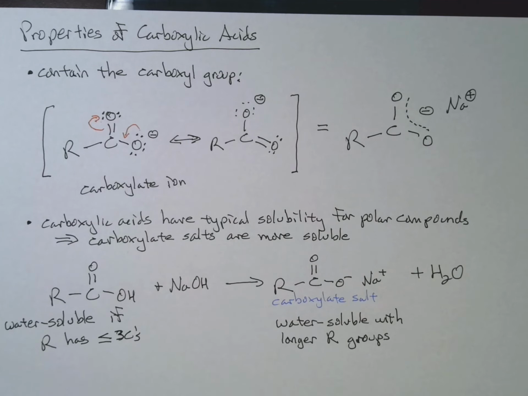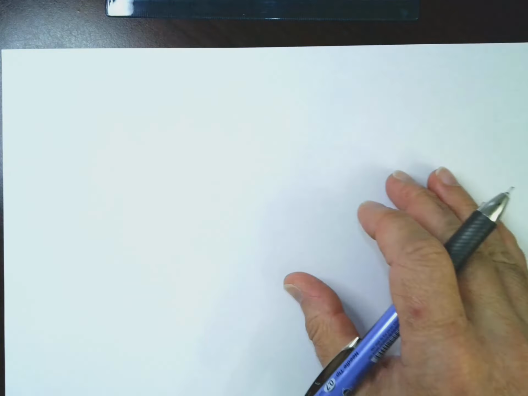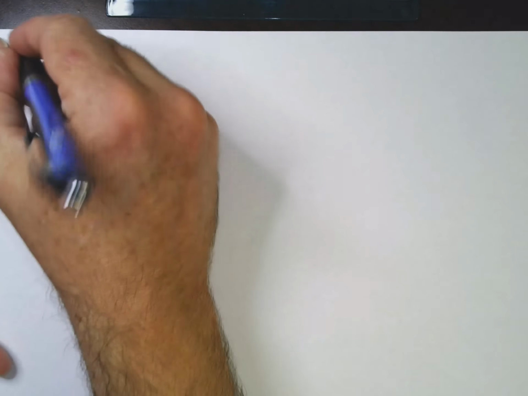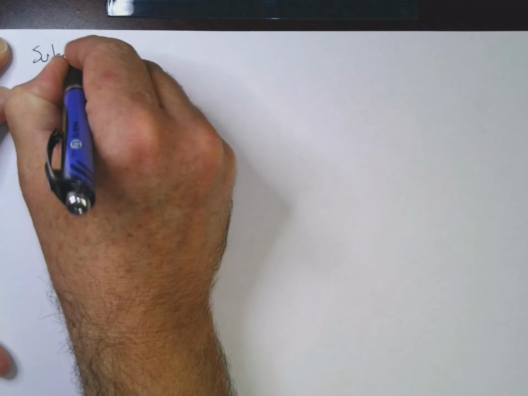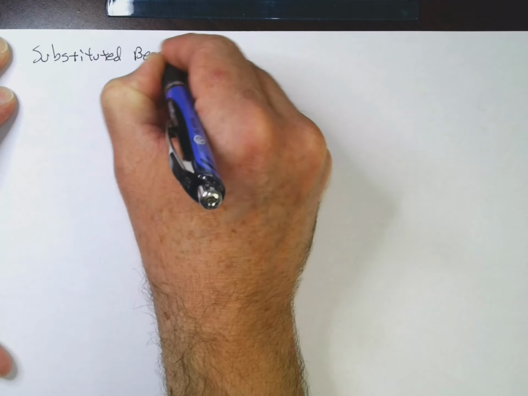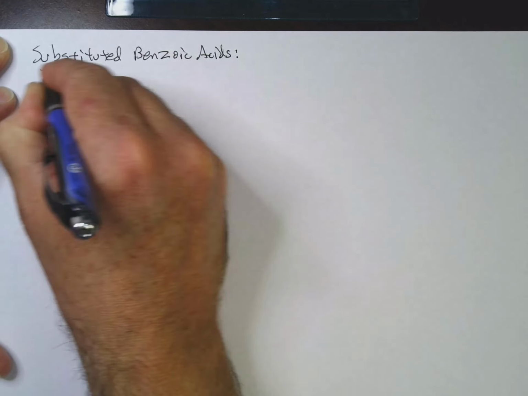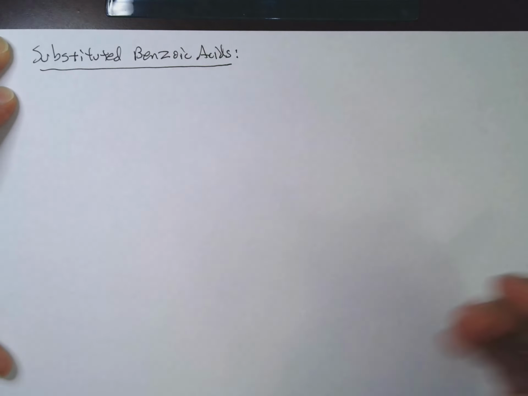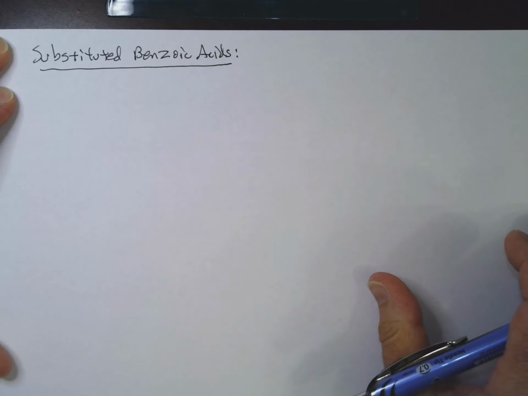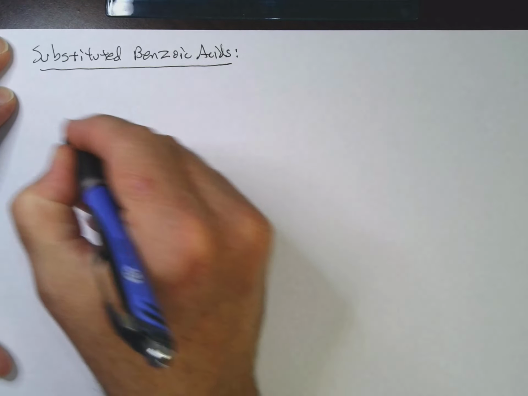All right. The last thing I wanted to talk about was benzoic acids, and let's look at some substituted benzoic acids. This is really table 20.4, I think, in the text.